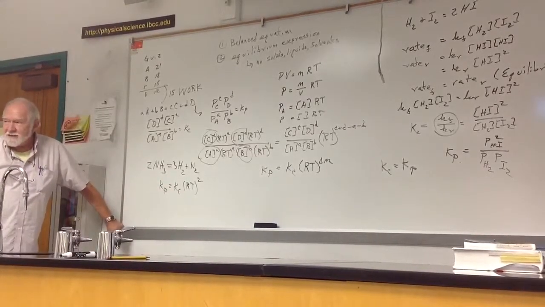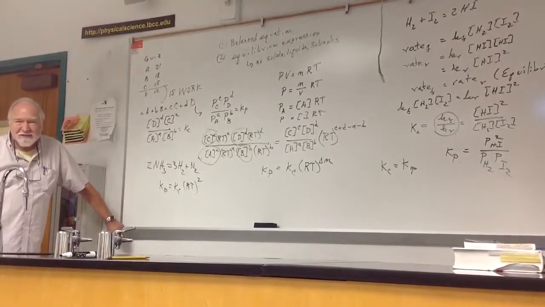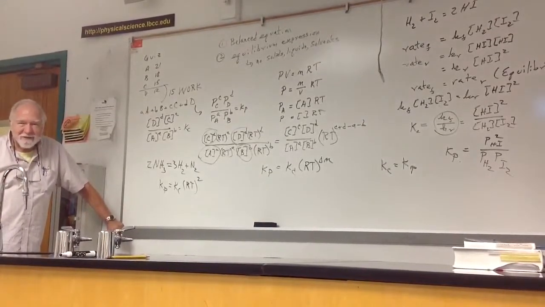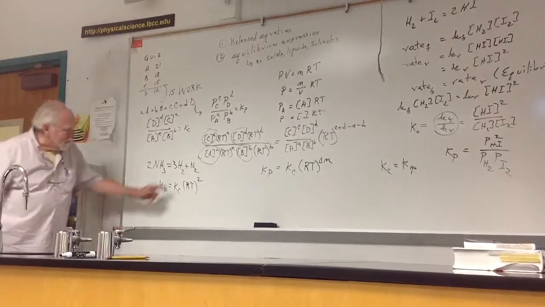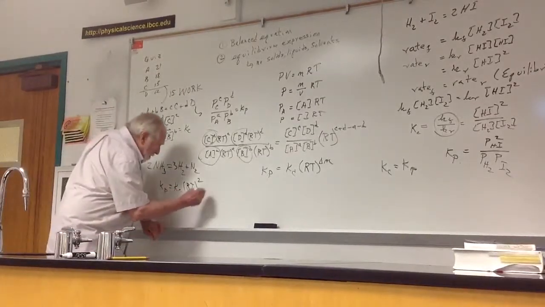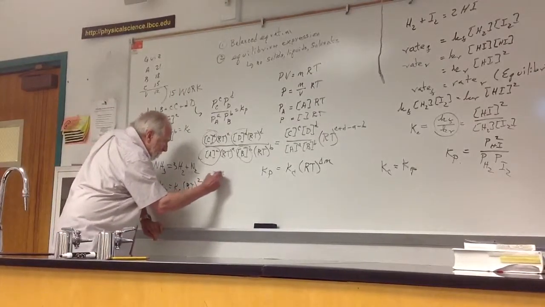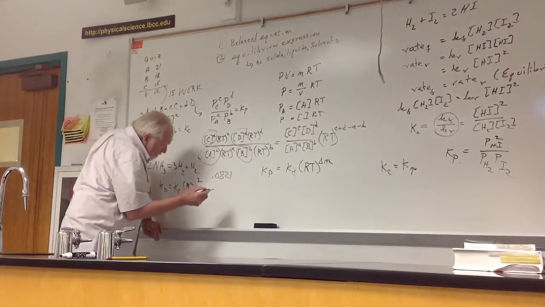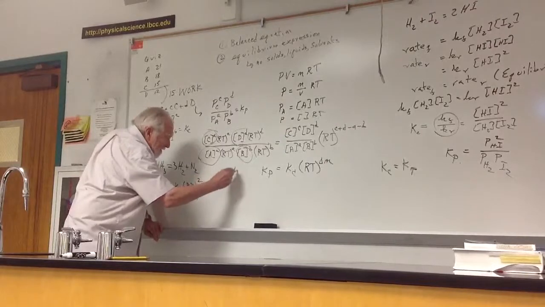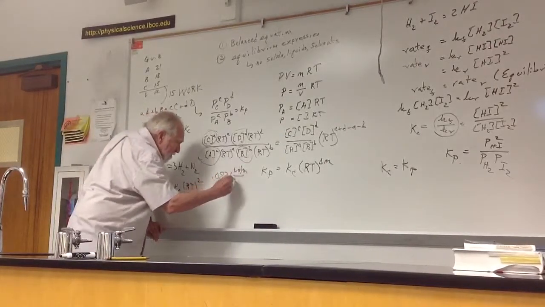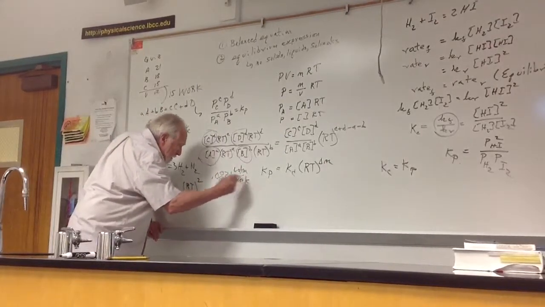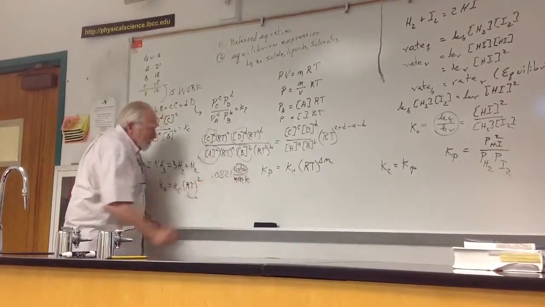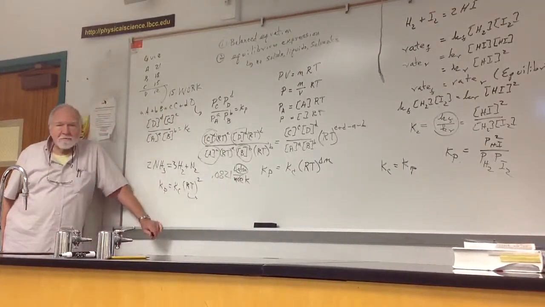So what we should do, if everything were really up to date, is use R in terms of bars rather than atmospheres. But all his problems, actually I didn't solve every one of his problems in the textbook here, but I think he always uses R rounded off to 0.08206. That's fine. This is liter atmospheres. So he's working with pressure units of atmospheres.